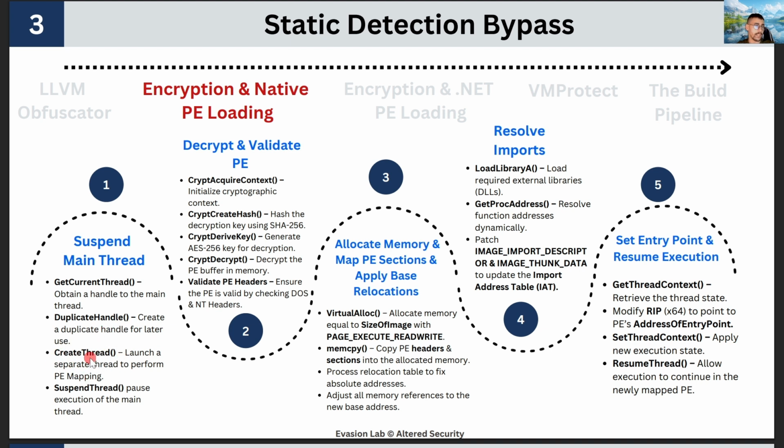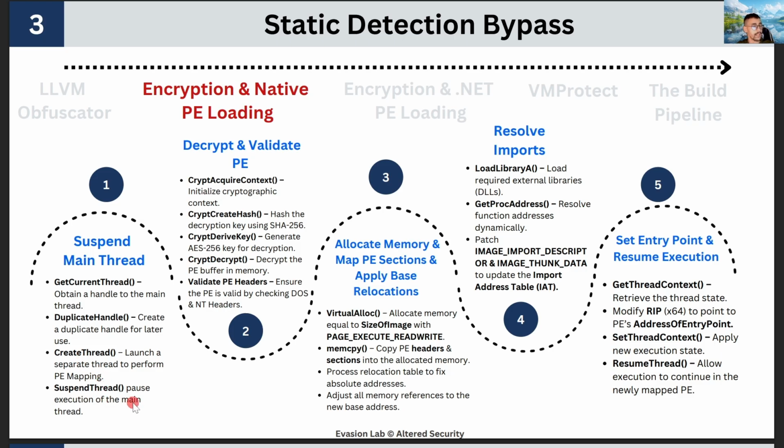In the CreateThread API, we'll be using the duplicated handle to launch a new thread, and using that duplicated handle to make the newly created thread suspend the main thread later. So we call SuspendThread, and we use the main thread handle to suspend it from the newly created thread.